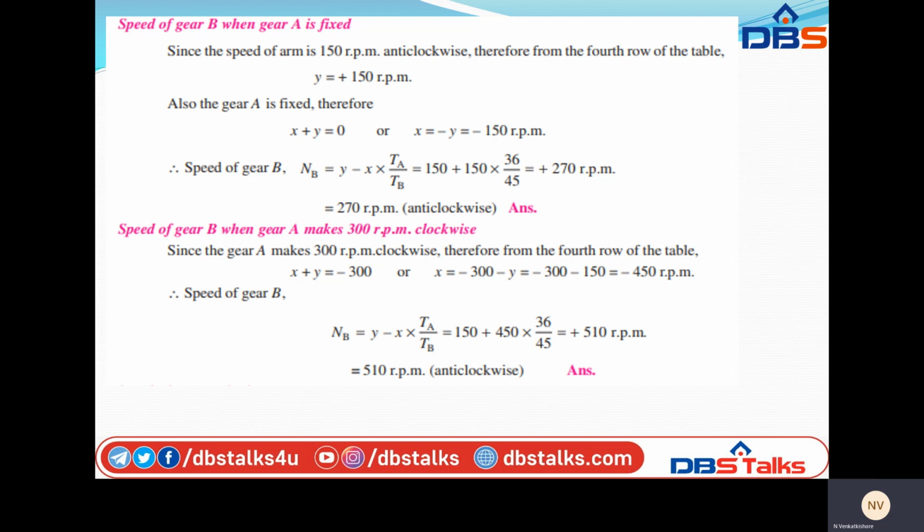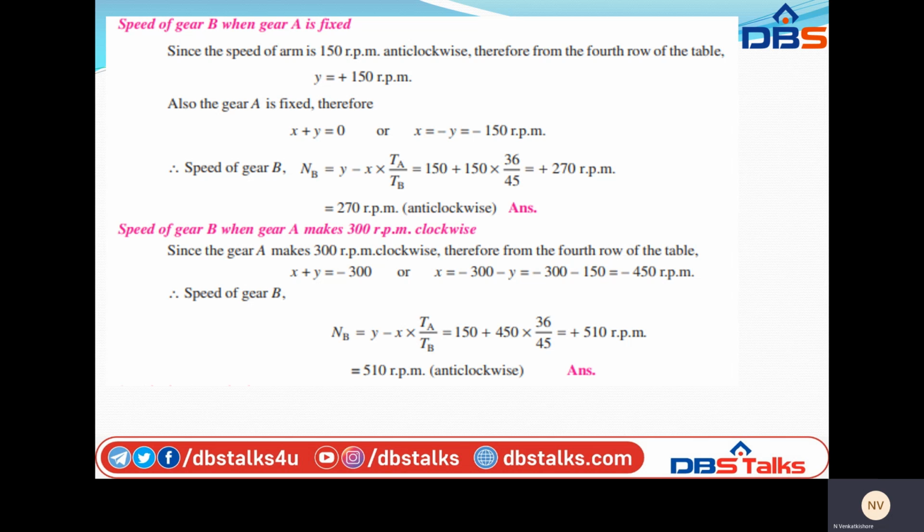Then what about the x value? That is equal to 0 minus y, that is minus y is equal to minus 150 rpm. Then what about the speed of gear B? So the speed of gear B is NB is equal to y minus x into TA by TB.